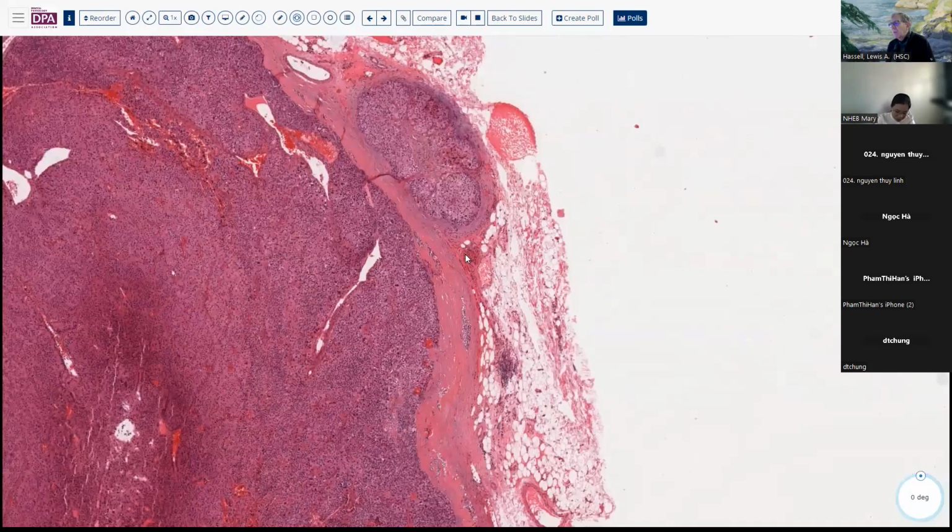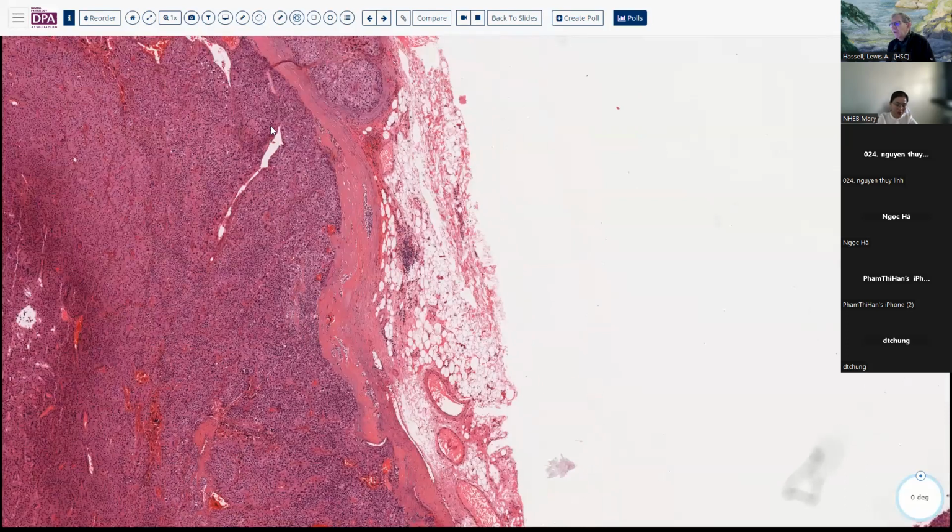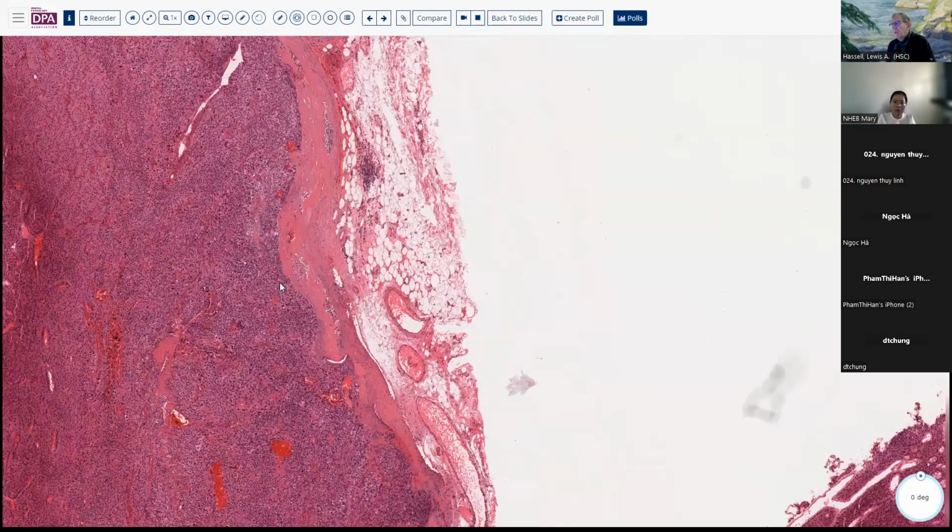Now here again is probably another area where you've got a little bit of capsular penetration. You just don't see the gap right here. And again, this is something where levels might show you more of this.